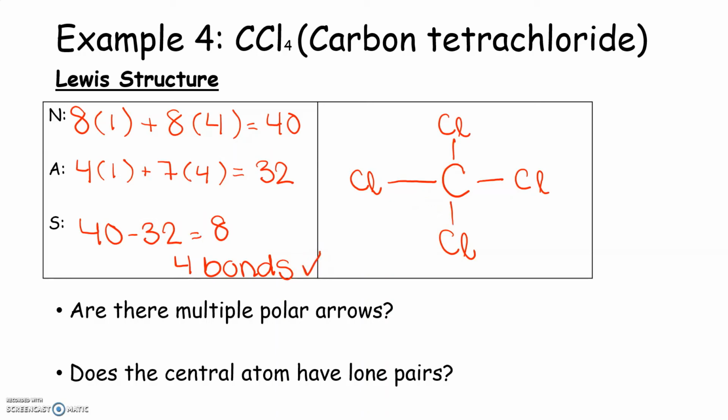So now we're going to check and see if they're happy. Carbon has 1, 2, 3, 4 bonds around it, which means it has 8 electrons. So carbon is good. Chlorine only has 1 bond around it right now. Each chlorine only has 1 bond. Chlorine also needs 8, so it needs 6 more electrons. So I'm going to add 1, 2, 3, 4, 5, 6, and I'm going to do that for each chlorine.